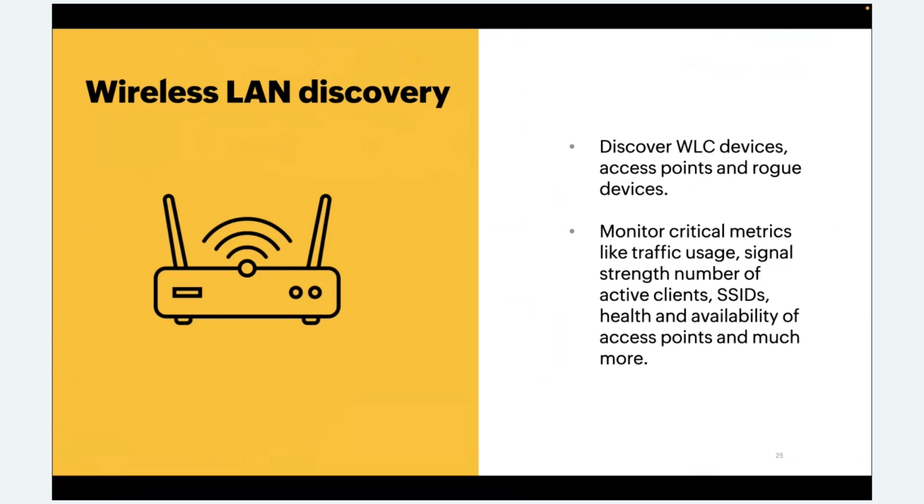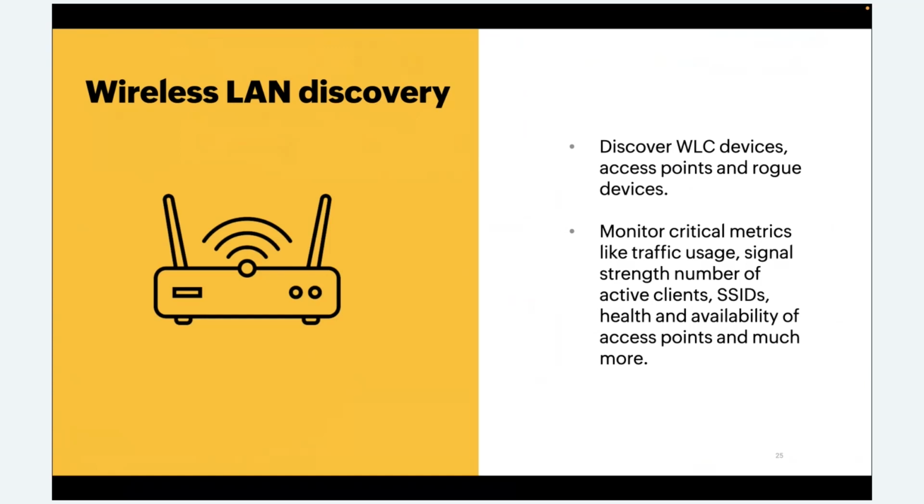Authorized and unauthorized Wi-Fi connections detected by our access points will be listed out as SSIDs and rogue devices. Detailed information on the health and availability of your access points and active lines across your network can be obtained. Exclusive WLC reports are also available.